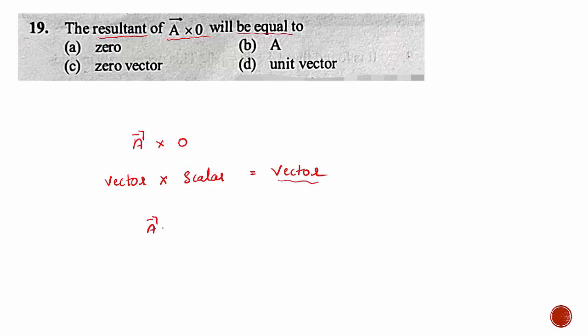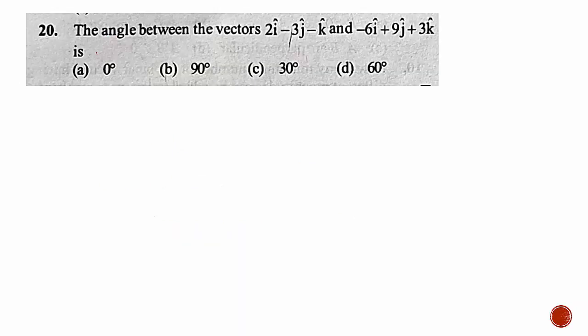We know that vector A into 0 gives 0. This is a zero vector, because when we multiply a number with a vector quantity, the result is a vector quantity. So this is not a scalar, this is a zero vector. A zero vector is a vector which has zero magnitude, and its direction is always 0. Right? So option C is correct.